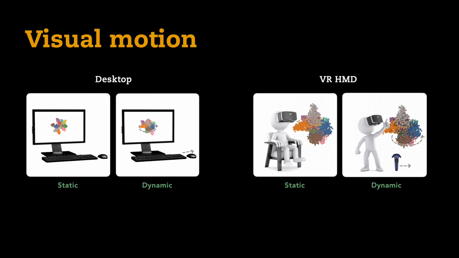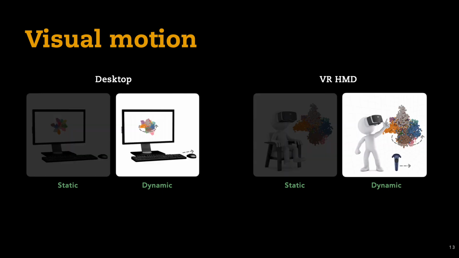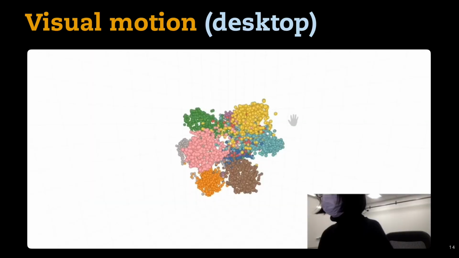The first visual cue we consider is visual motion. We have both static and dynamic conditions. In static conditions, participants see a fixed graph. In dynamic conditions, participants can interact with the scatterplot. And I will show you demos of how participants interact with the scatterplot.